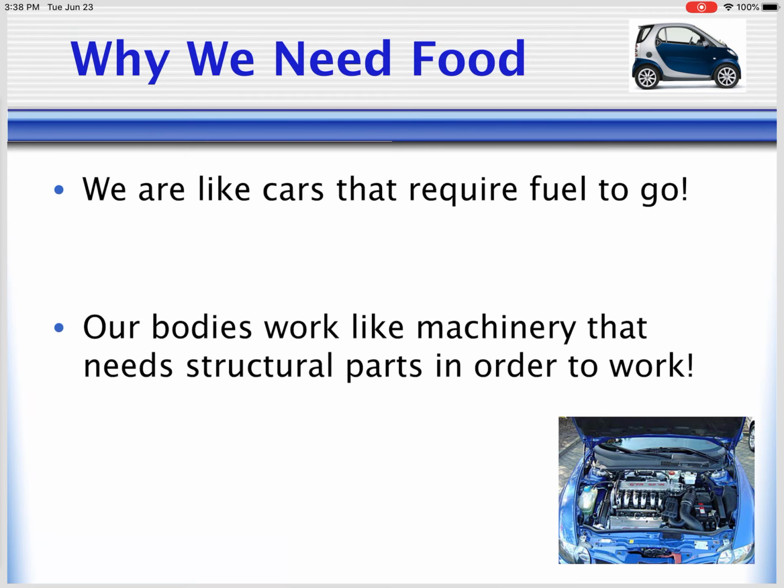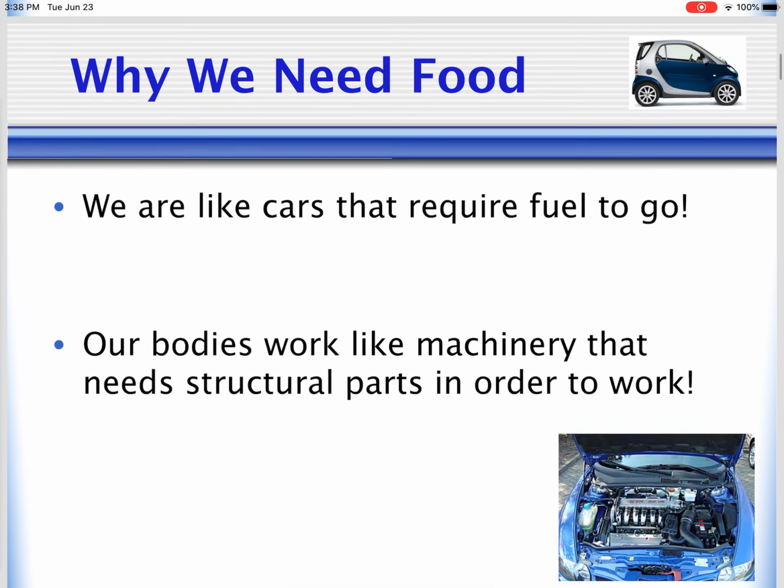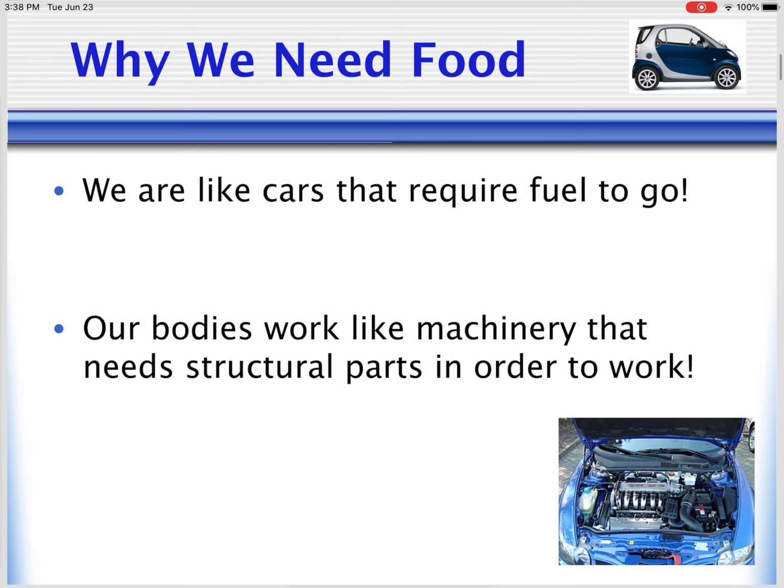So, in many ways, our body is made up of a lot of working parts. Our little cells, in terms of their function, are like little factories doing their job. And in order for our muscle cells, let's take muscle cells, to be able to contract and create movement, they need to have the proper nutrients. And in that way, it's really no different than a car.